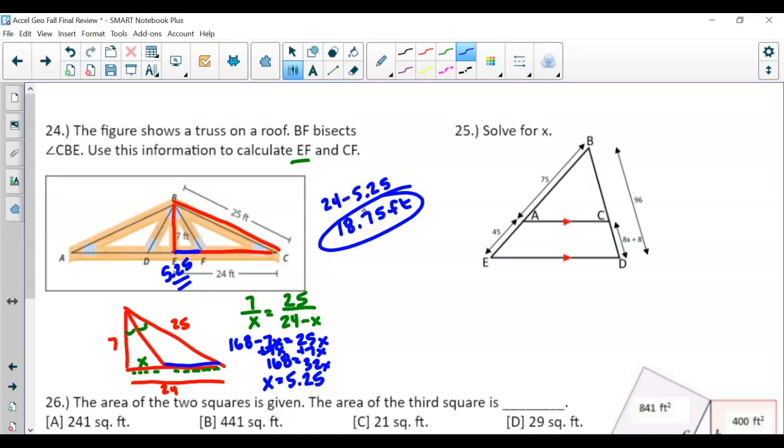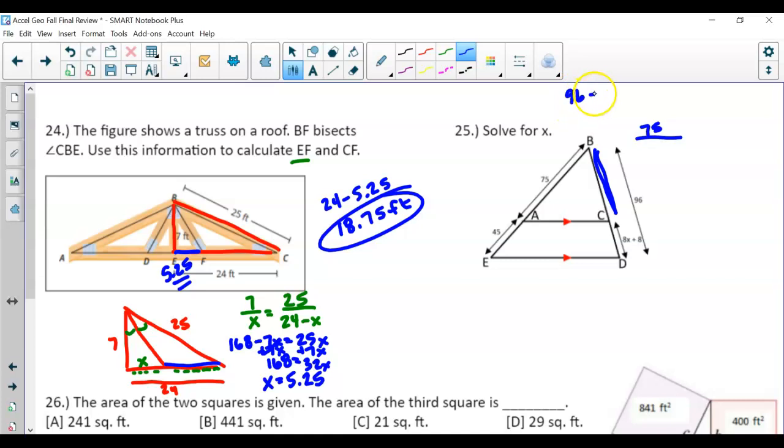So now 25. Here you're using triangle proportionality theorem because these sides here are parallel to each other. So again, our pieces, our sections, 75. And then here, notice again, you're not given this section. So we're going to have to set this up as 75 to, well, the total is 96.